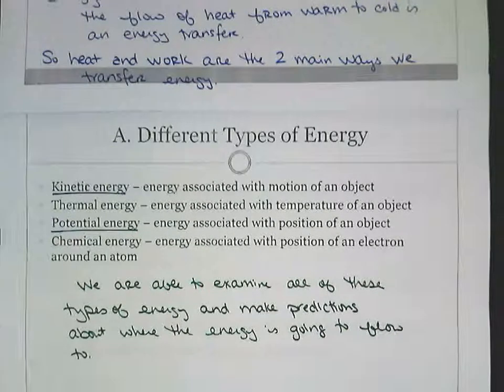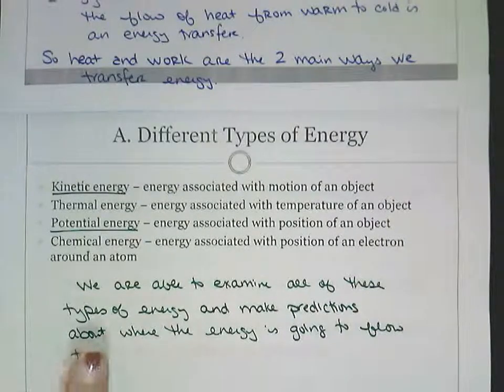So based on what we know about kinetic versus potential energy, and what we know about chemical or thermal energy, we can make a prediction about, oh, the energy is going to transfer from here to here, and oh, the ice cube will warm up, or the reaction will go forward because it has a change in chemical energy. So this chapter is going to be talking majority about how do we make predictions about energy transfers. How do we measure energy, and then how do we predict what's going to happen next.